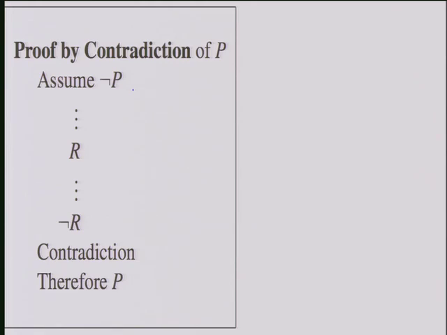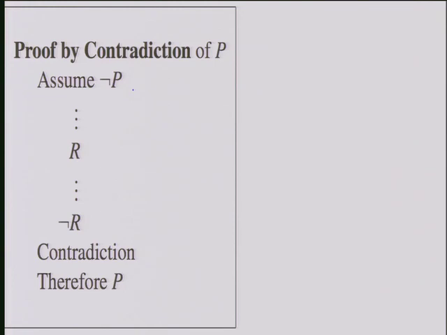Can you show me why this proof by contradiction actually implies that not P must be false? Okay, so maybe this is a bit tricky. Let me just say what I meant.